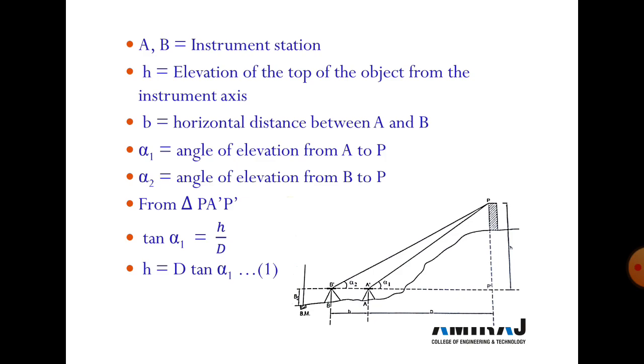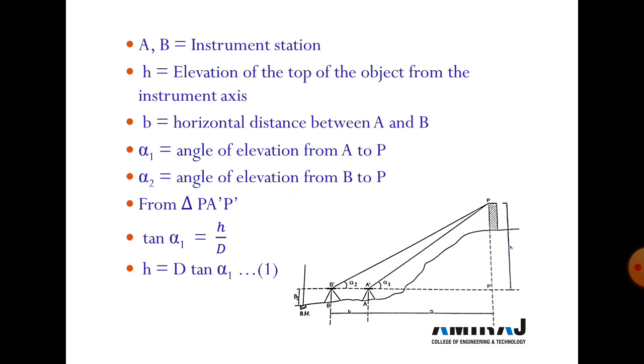Alpha 1 is the angle from the top of the point to the instrument axis, and similarly alpha 2 is the angle from the top of the point to the instrument axis. From P A dash P dash we take this one.